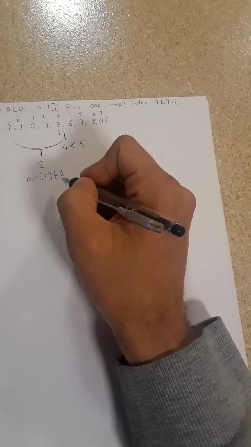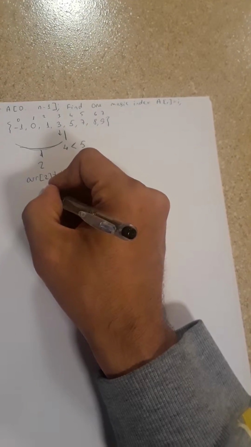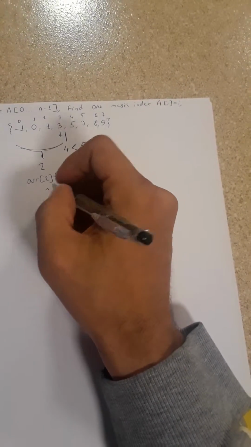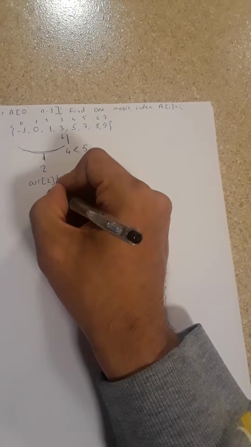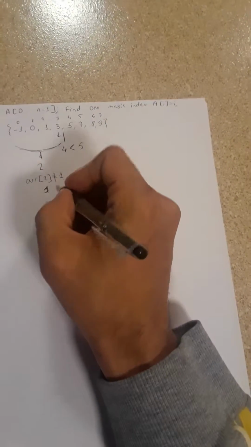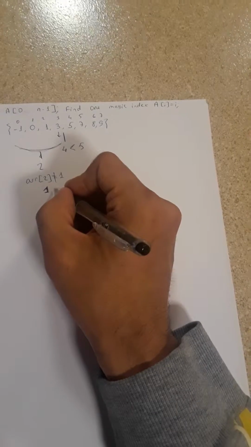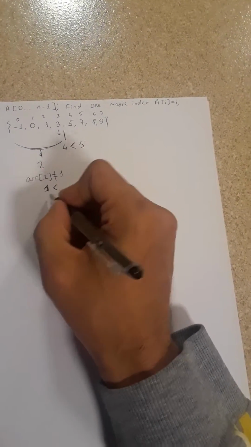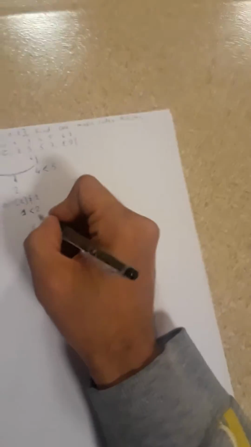We see that it's not equal, and we also see that the element is less than the index value itself.